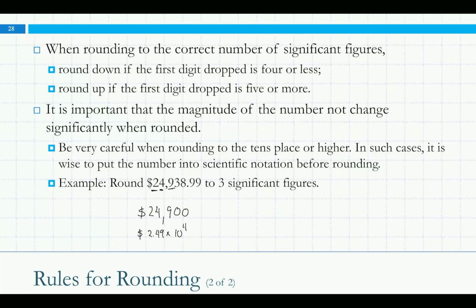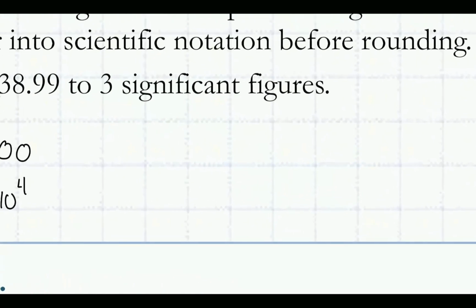Actually, this is a good time to talk about it. If you get an answer and it's, I don't know, 31, and you want 2 sig figs, you're like, that's 2 sig figs. I don't need to put it in scientific notation. It's not ambiguous. You put that into Alex. Some of you are smiling already. Do you know what Alex is going to say? It is annoying. Put the decimal in.